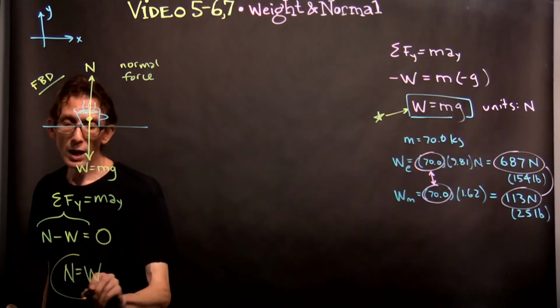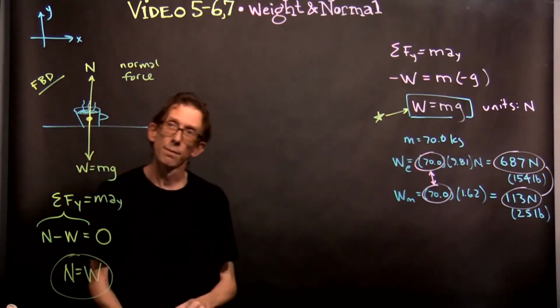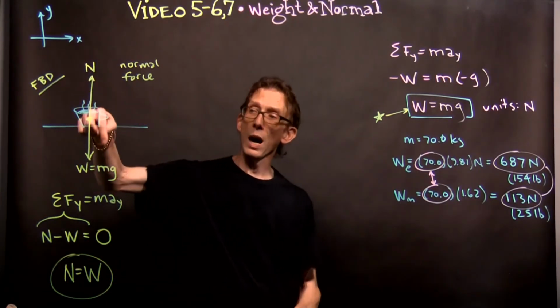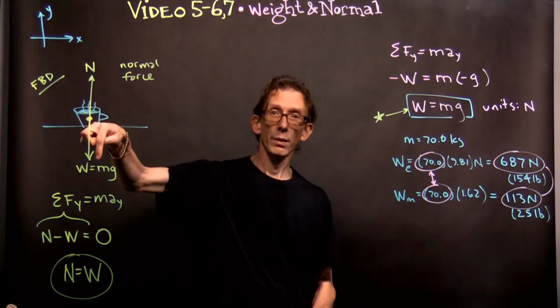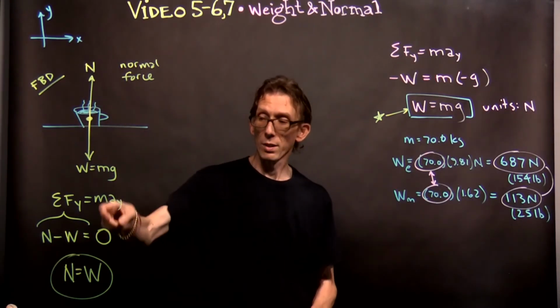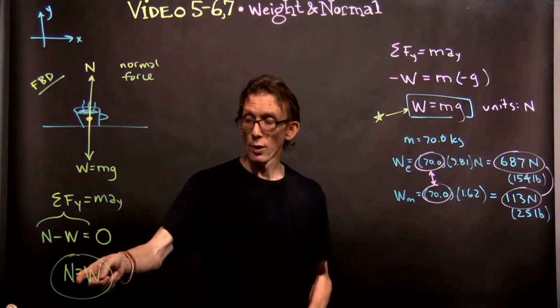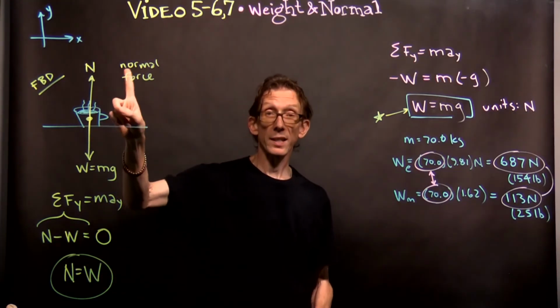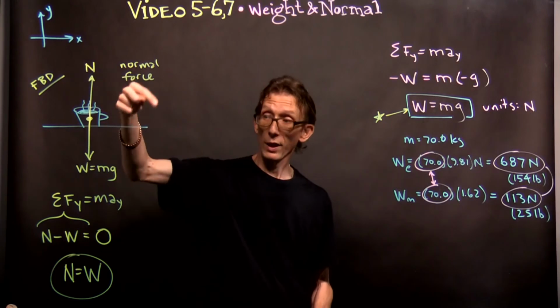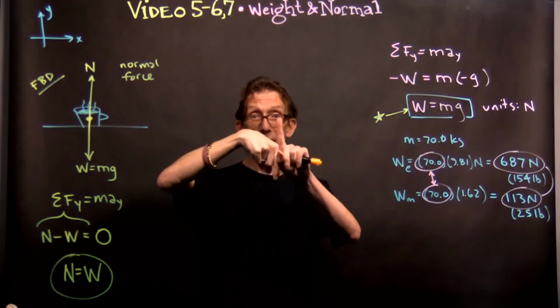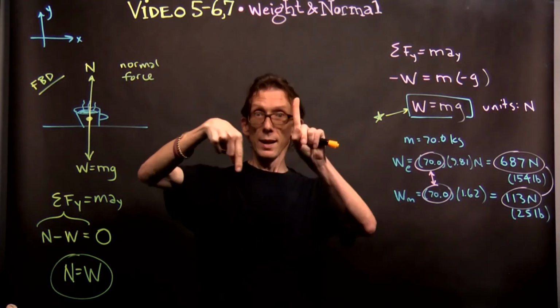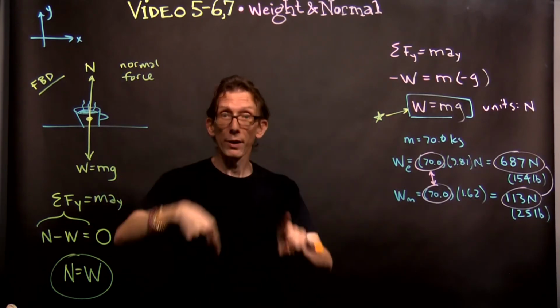Whatever the weight of the coffee cup is, those two forces are equal and opposite. They cancel out. The net force is 0 because the normal force up has the same magnitude, opposite direction as the weight down. Those two forces act on the same body and completely cancel out.